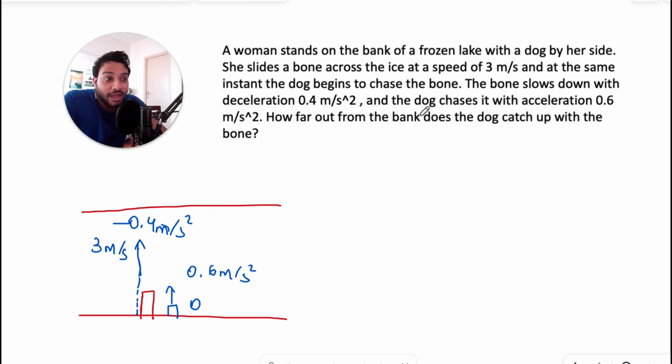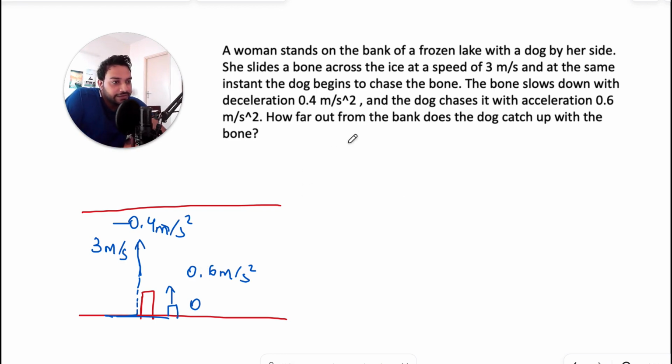Now we don't know the time at which they catch up. We don't know the distance from this bank where they catch up, so we need to check those cases. For them to catch up, the displacements, the final positions, must be equal.